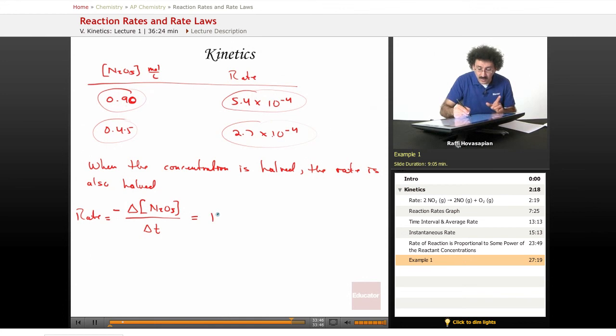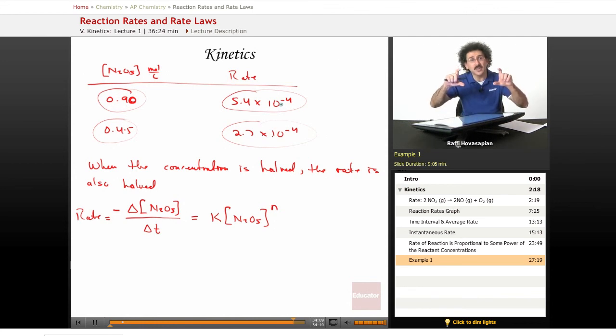And we said that the rate equals some constant k times the concentration of the reactant, N2O5, raised to some power n. Well, here, because the relationship is linear, and I read it straight off, when a concentration is halved, the rate is halved, or when a concentration is doubled, the rate is doubled. That is a linear relationship. That means n equals 1.